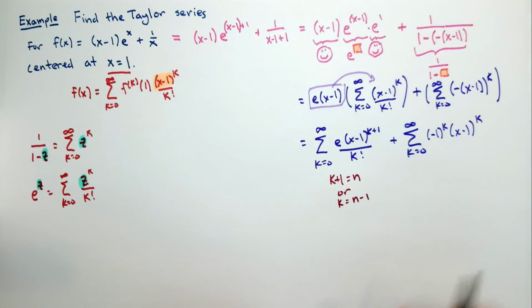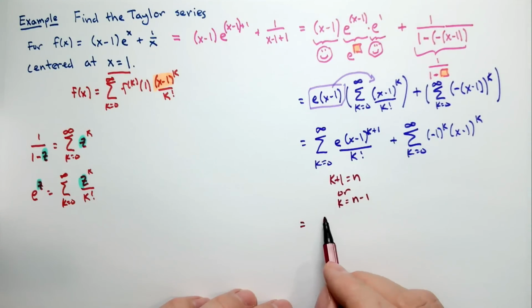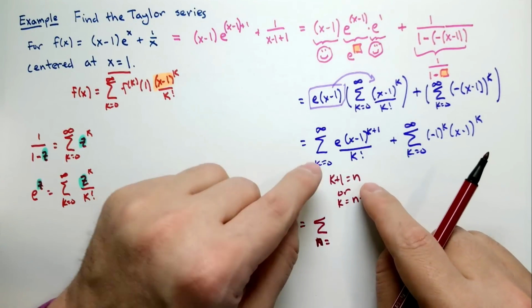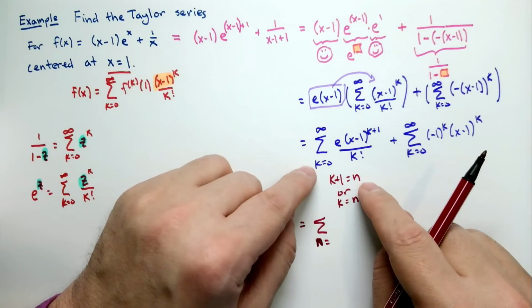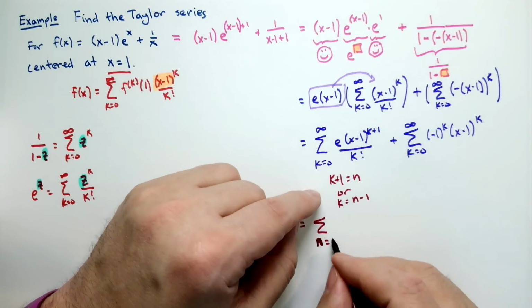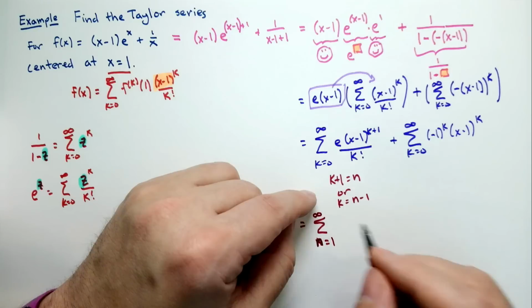So what we'll get from the first term is that this is the sum from, not from k, for n, that's supposed to be an n, let's be careful here. K equals 0, n equals 1 to infinity.